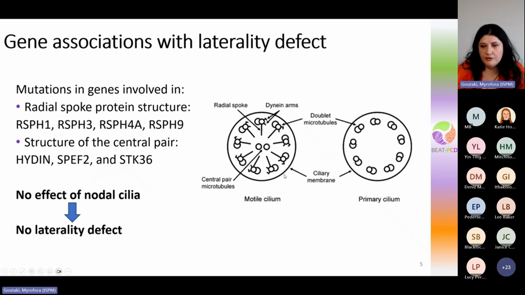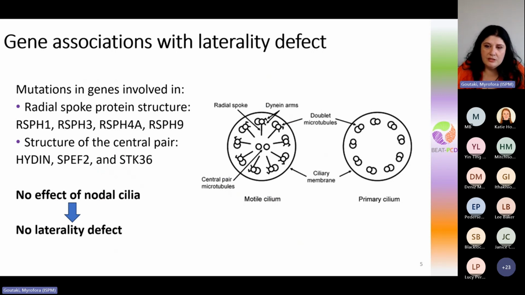One of the most straightforward associations that have been studied in PCD is the genotype association with laterality defects. The reason that this is very straightforward is that we know that the nodal primary cilia do not have radial spokes and the central pair structure.